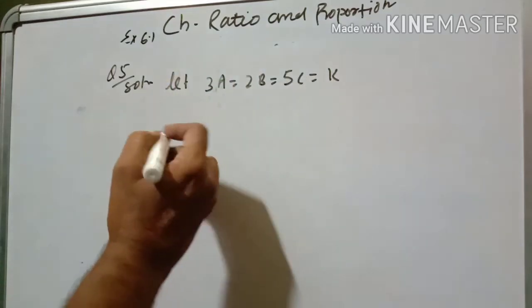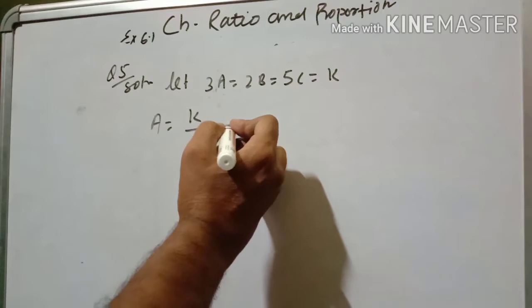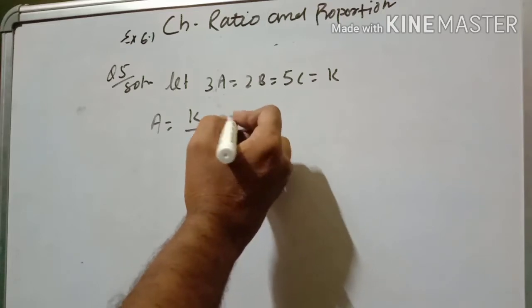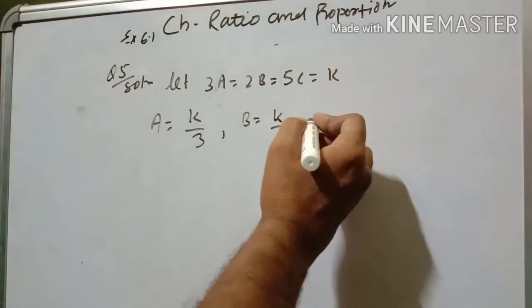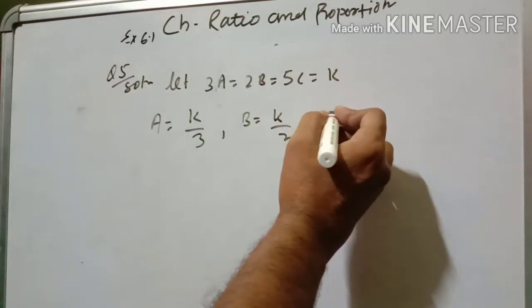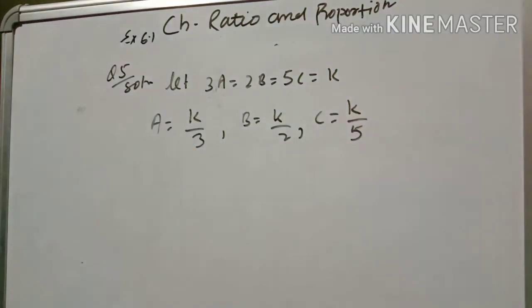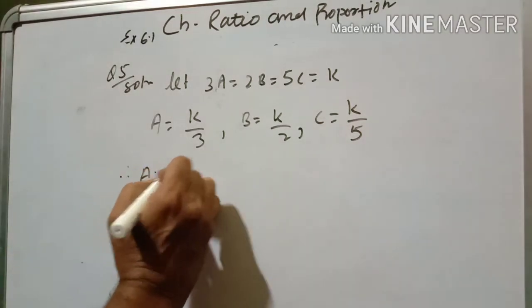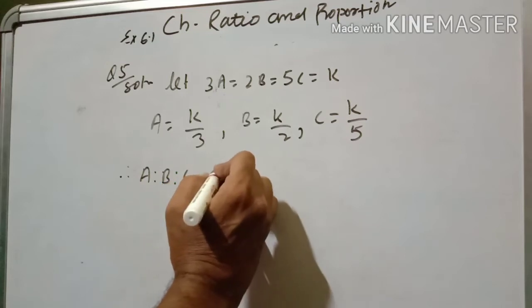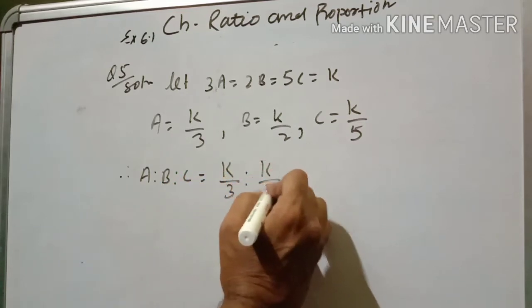Therefore A equals K by 3, B equals K by 2, and C equals K by 5.